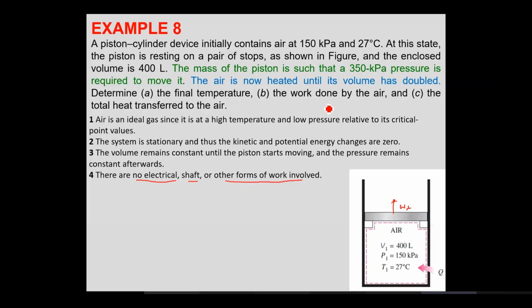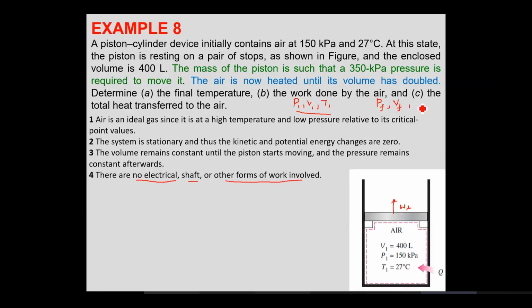Now, if you have to find out the final temperature and you have assumed air to be an ideal gas, the conditions P1, V1, and T1 are known to you. The final pressure and the final volume are also known to you, and you have to find out the final temperature.